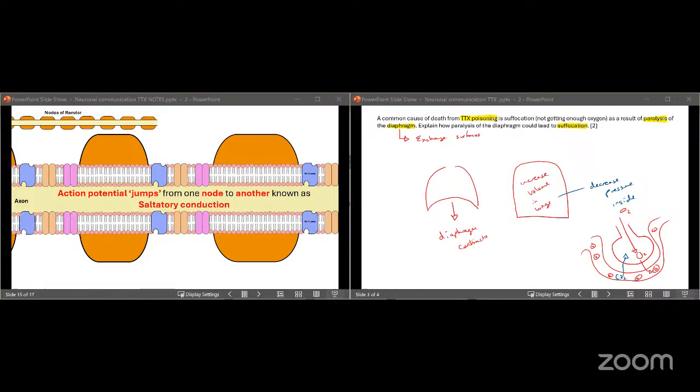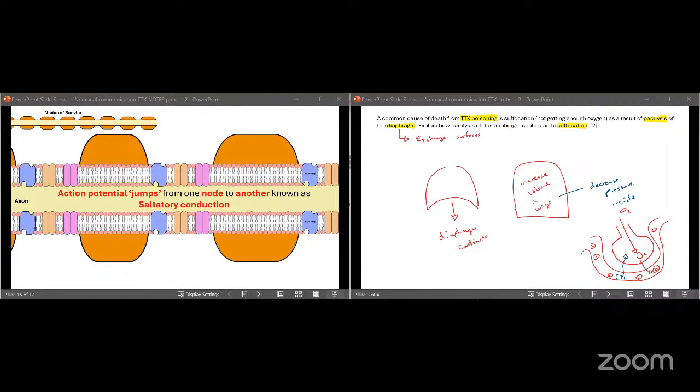Therefore, I can end up with a breathing rate that has increased, and also the depth at which I take the volume in changes. So it's important that you note there's an interlink between animal responses as well as your exchange surface topic area.